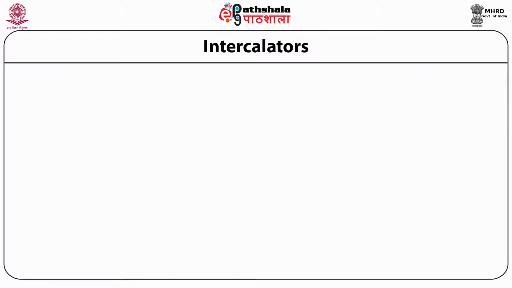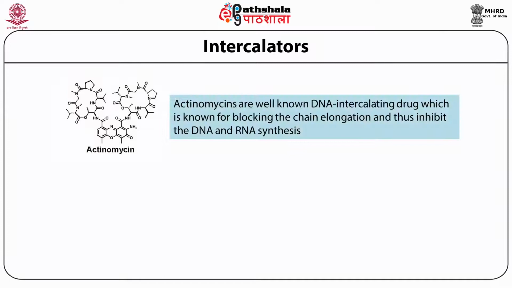The intercalator actinomycin, you can see here the structure of actinomycin. It is a well-known DNA intercalating drug which is known for blocking chain elongation and thus inhibits DNA and RNA synthesis.